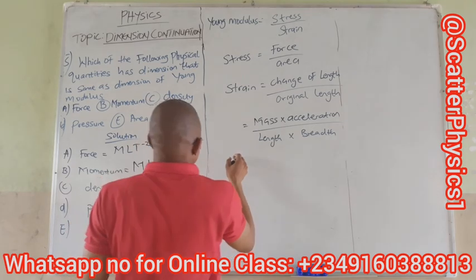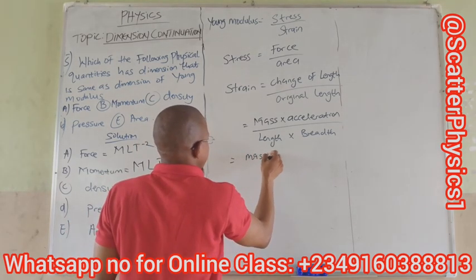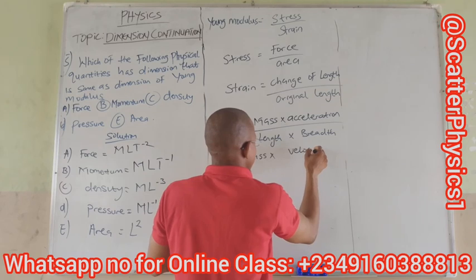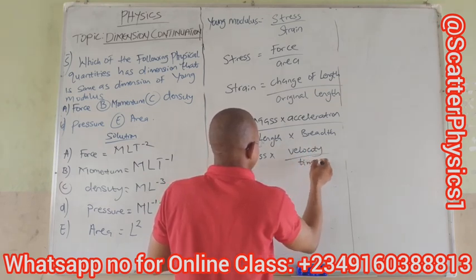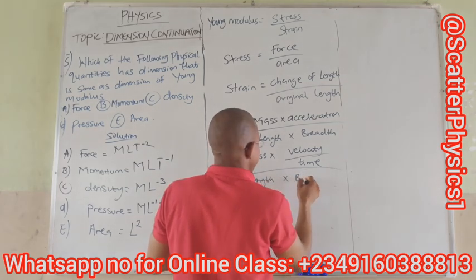Now, acceleration is velocity over time. So we have mass times velocity over time, over length times breadth.